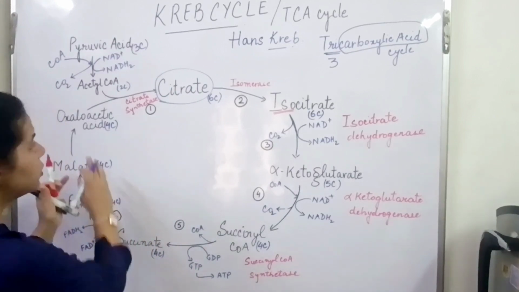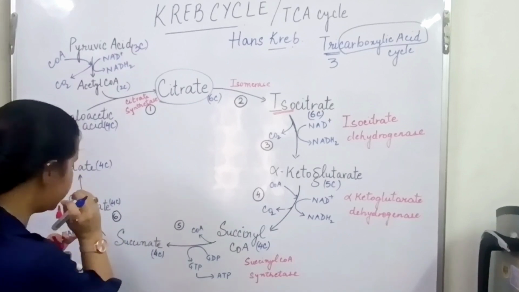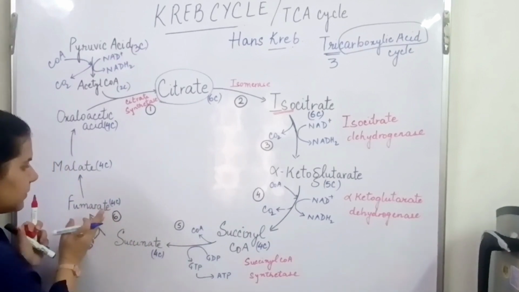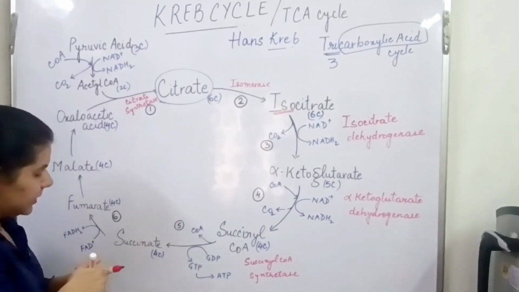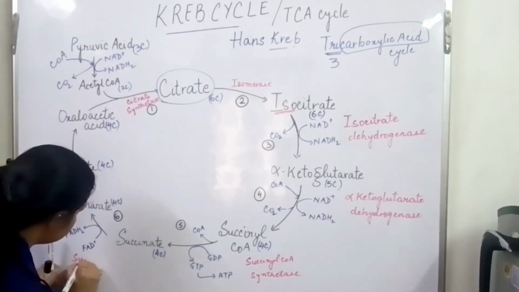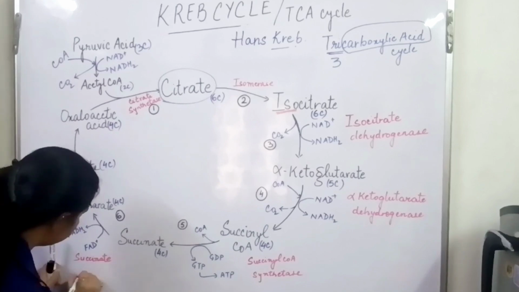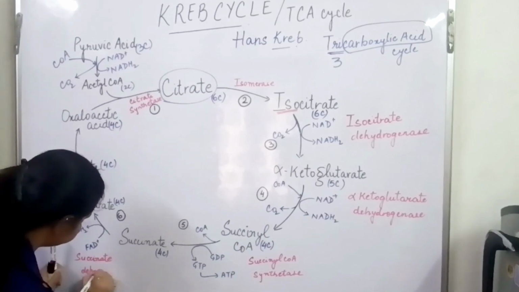So now there is no decarboxylation during this chain of reactions, right? Now when succinate is being converted to fumarate, the enzyme used here is succinate. Again, the name of the substrate is coming first, dehydrogenase.